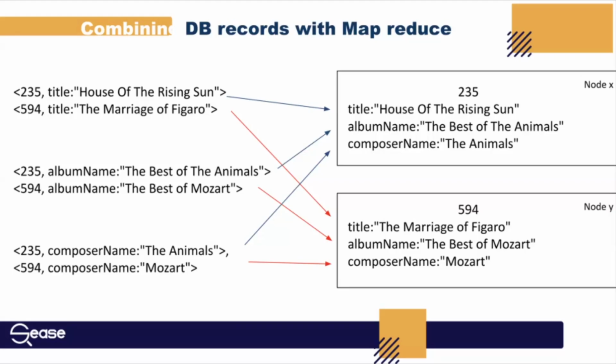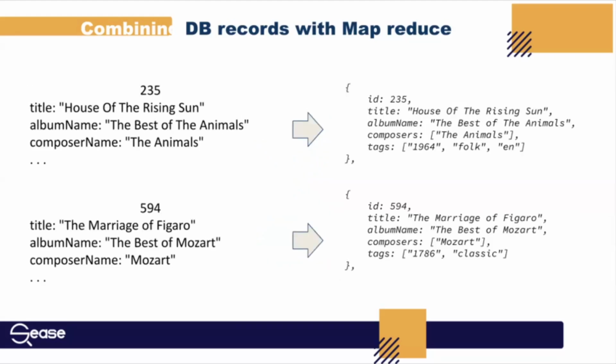When we write the reduce, we should find, for each song ID, all the information grouped together. So we find the song ID and, I don't know, title, album name, composer, and so on.